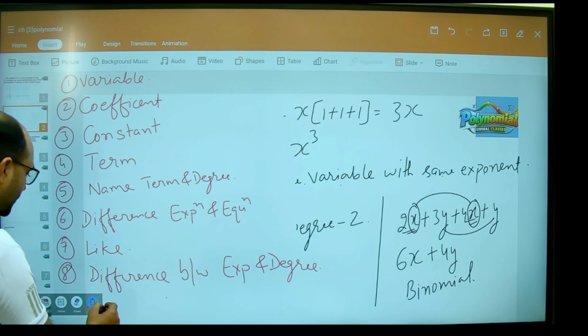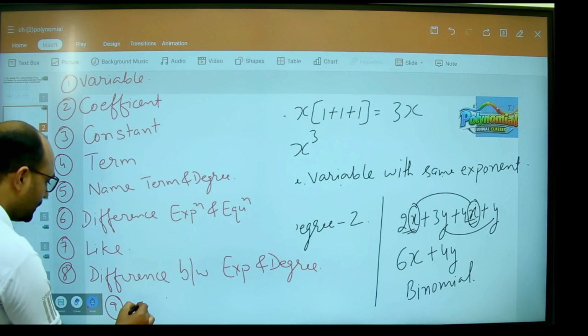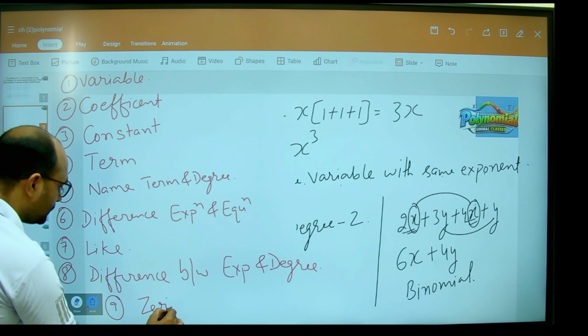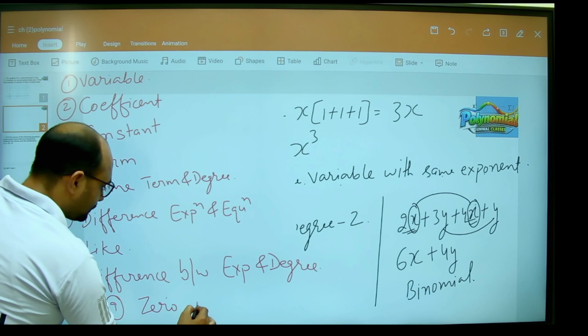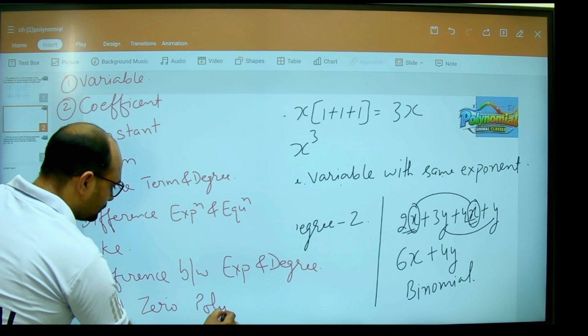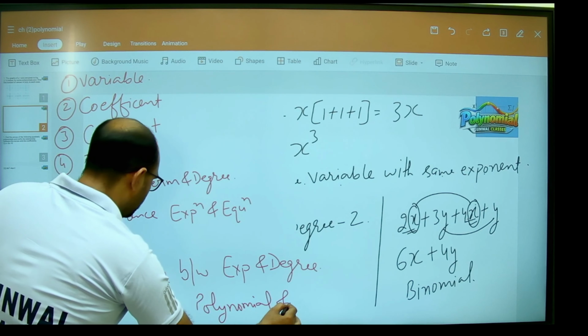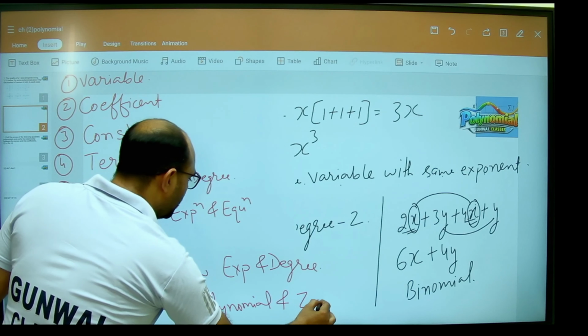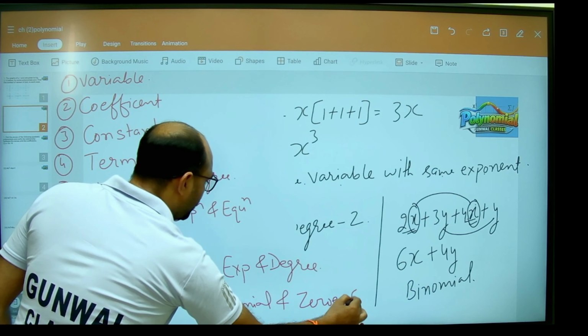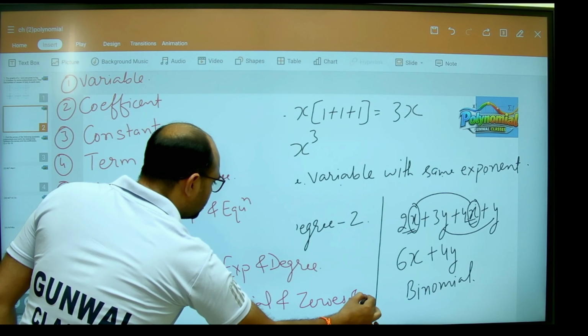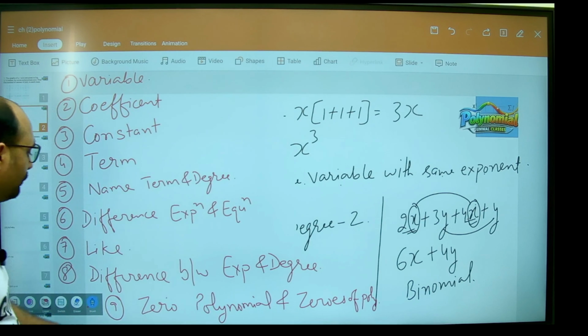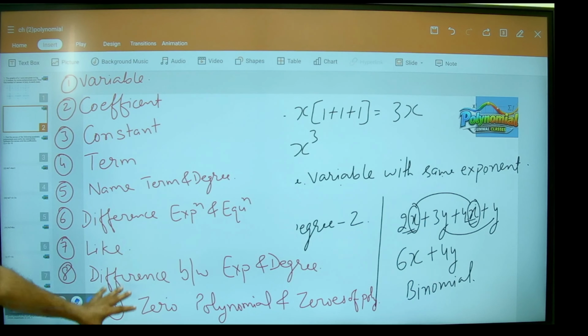Next we will study zero polynomial and zeros of polynomials. We will cover this topic now. Please note down. I just gave a brief recap of this topic.